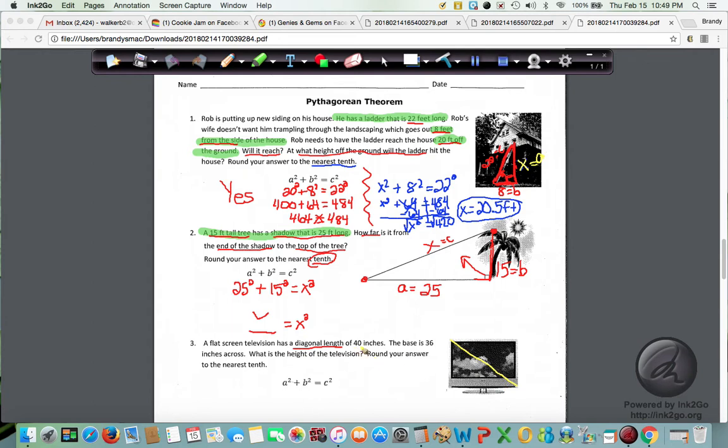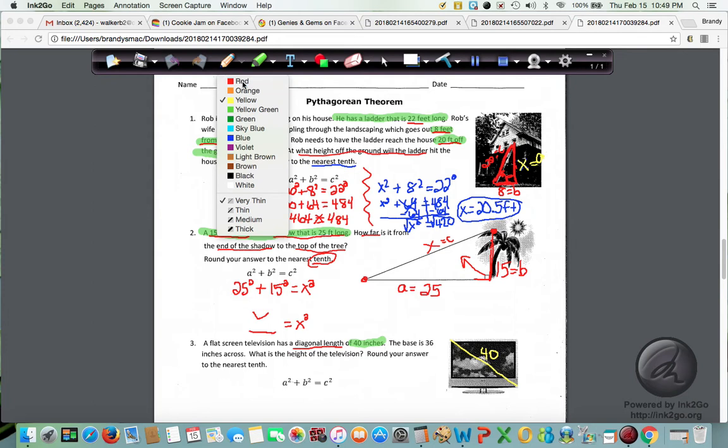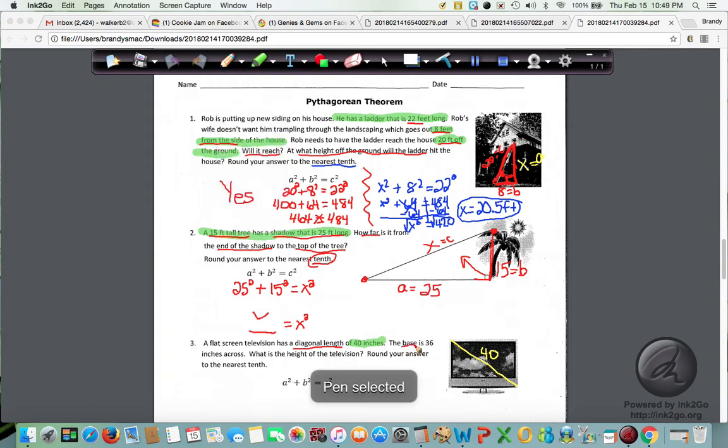And that's 40 inches. So we're going to make this 40 right here. You guys see that? So let's go with the highlighter. 40 inches. All right, now the base, that's this bottom part here, is 36 inches. So just to keep the colors nice, we're going to have this base right here.